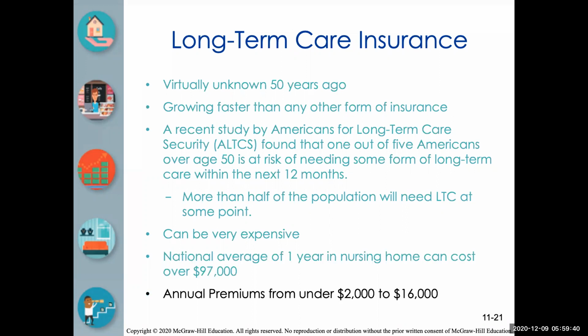And depending upon the type of policy that you're looking at getting, those annual premiums can run anywhere from $2,000 to $16,000. Again, because of your age, you're going to be potentially even less than $2,000 a year for these types of policies.